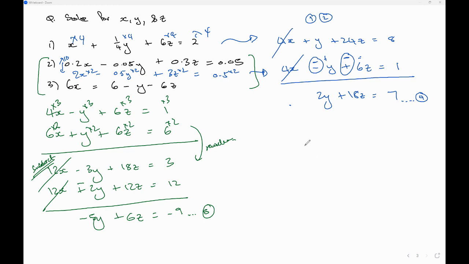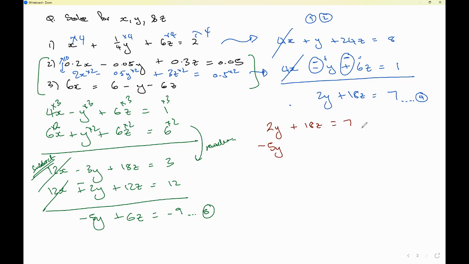So I can use the elimination method again. I've got 2y plus 18z equals 7, and negative 5y plus 6z equals negative 9. From here, I still have to find common coefficients and then multiply, right?